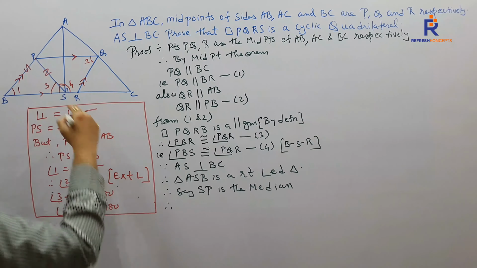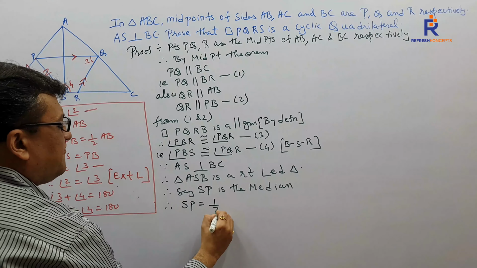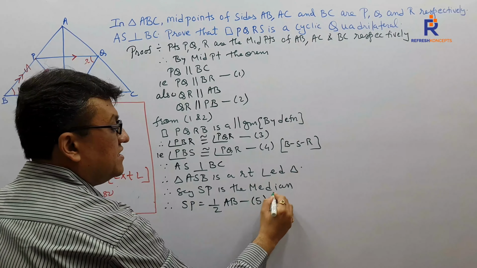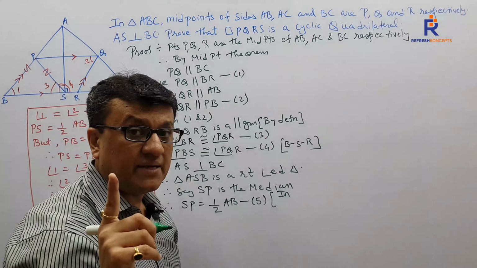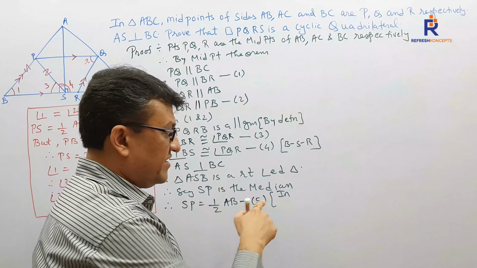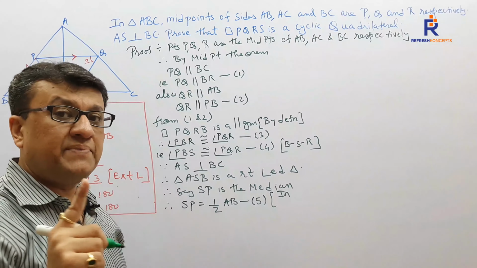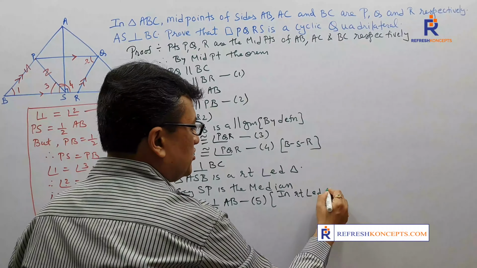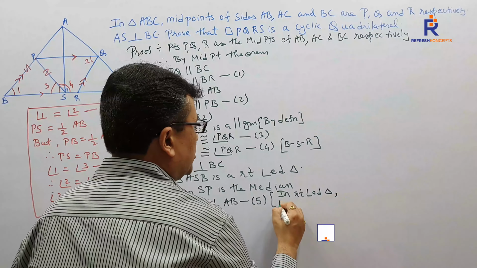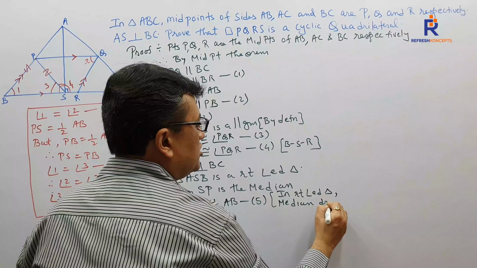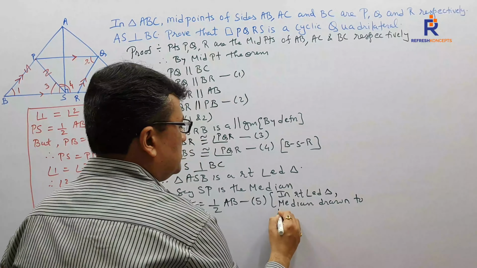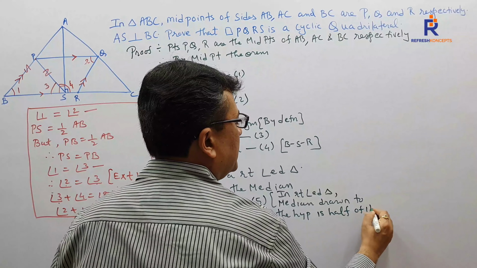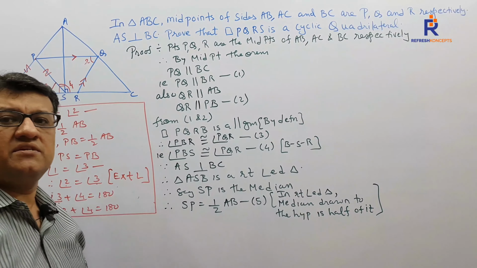Therefore, SP is half of AB. Reason: this property is applicable only in a right angled triangle, mind you. In a right angled triangle, the median drawn to the hypotenuse is half of it.